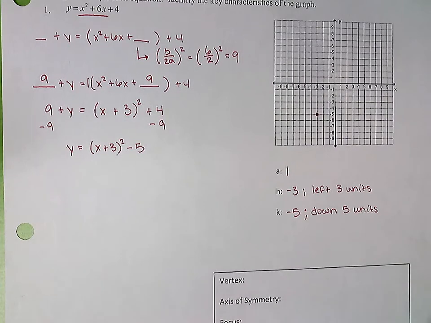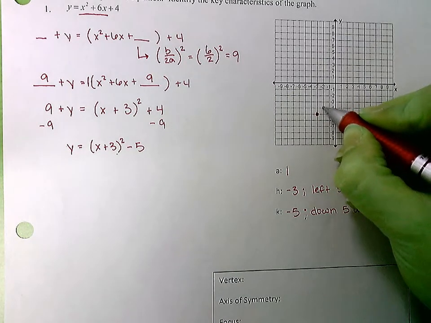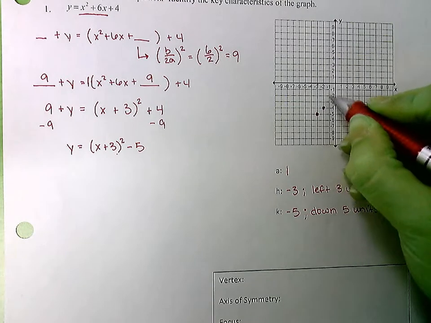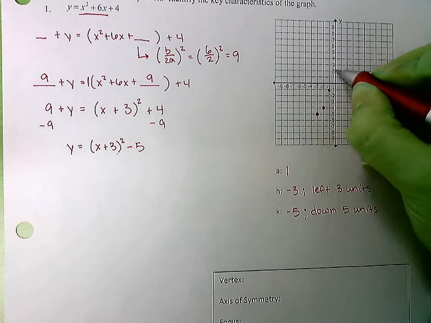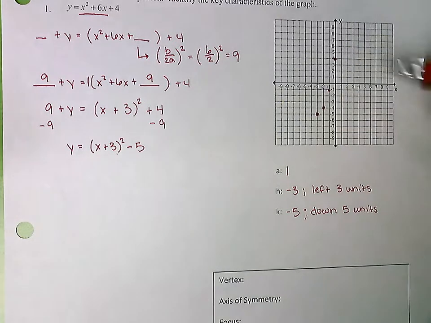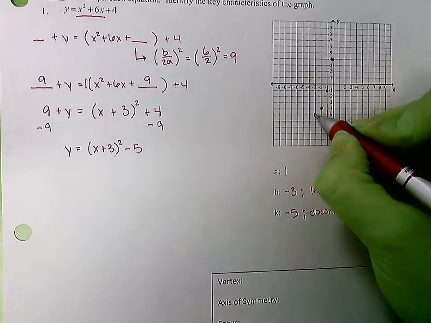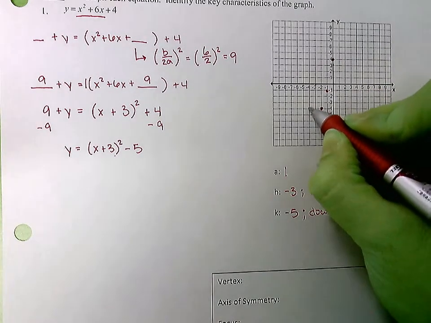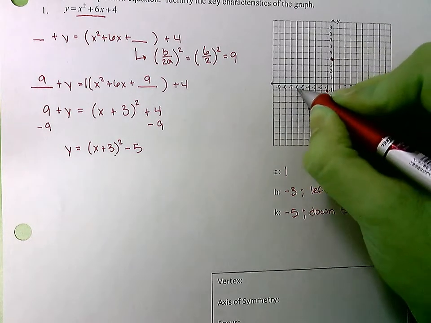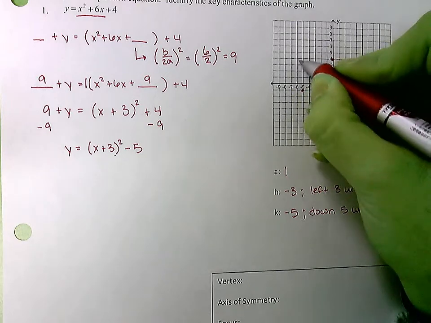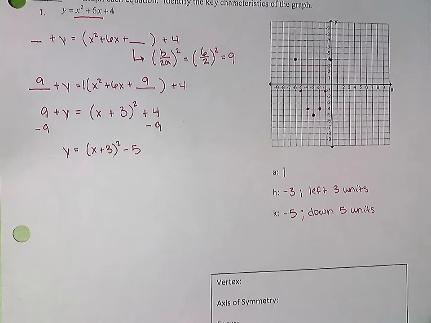Now your parent function for this parabola again goes right 1, up 1, right 1, up 3, right 1, up 5, and if I would keep going, right 1, up 7. That's going to the right. You do the same thing going to the left: left 1, up 1, left 1, up 3, left 1, up 5, and again left 1, up 7 if I were to keep going.